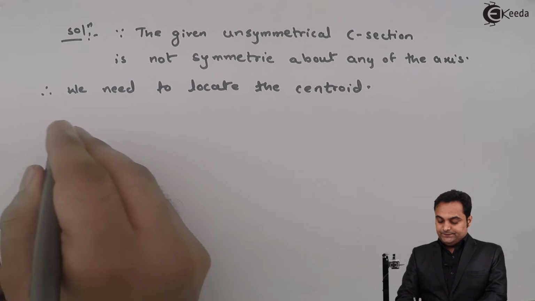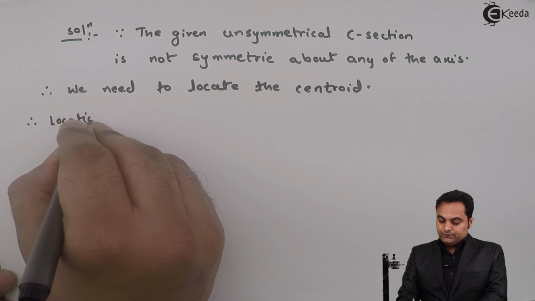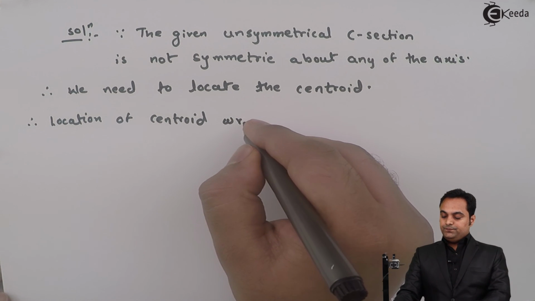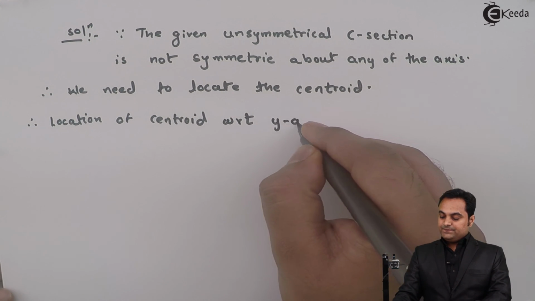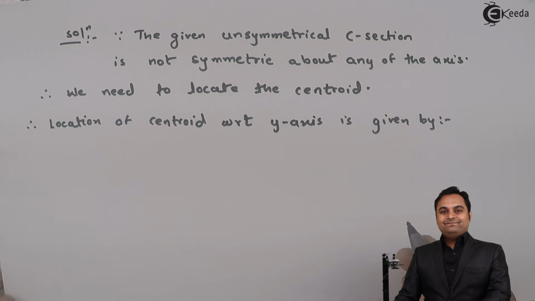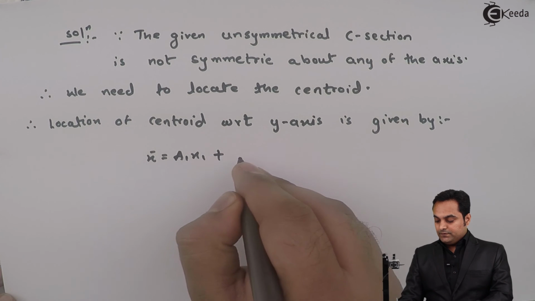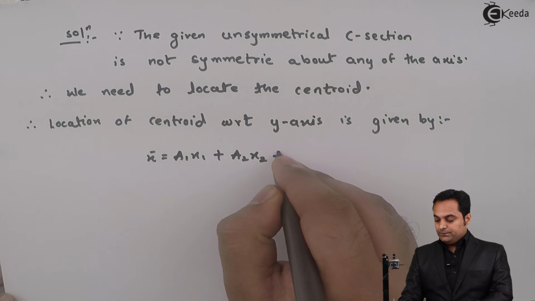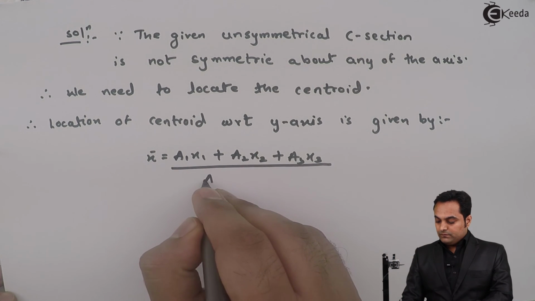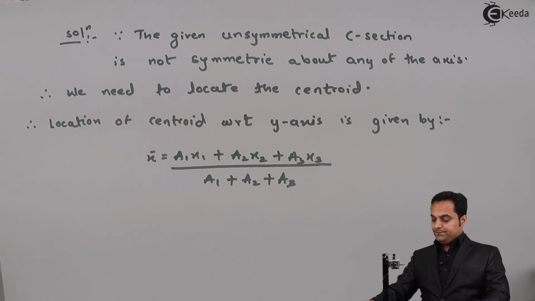For that the first thing is location of centroid with respect to y-axis, which is given by x bar is equal to a1 into x1 plus a2 into x2 plus a3 into x3 upon area 1 plus area 2 plus area 3.